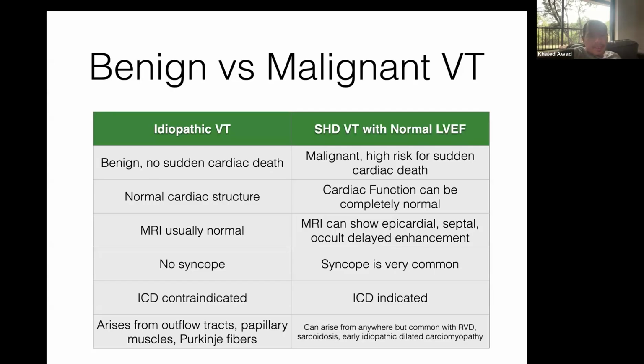So, for example, you can have non-ischemic cardiomyopathy with perivalvular fibrosis, and you can get ventricular tachycardia arising from the vicinity of the aortic valve. And that's not the same as an outflow tract VT, and that is idiopathic. They're different.